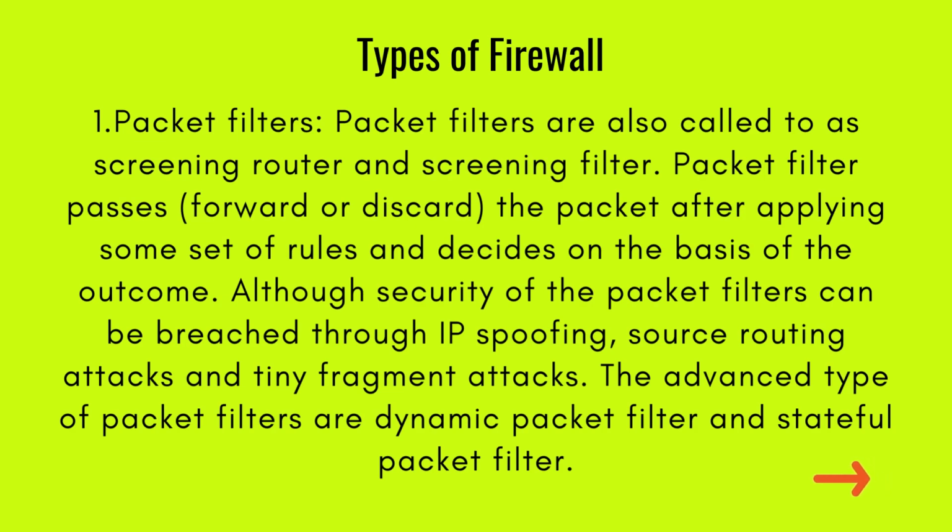Although the security of packet filters can be breached through IP spoofing, source routing attacks, and tiny fragment attacks. The advanced types of packet filters are dynamic packet filter and stateful packet filter.